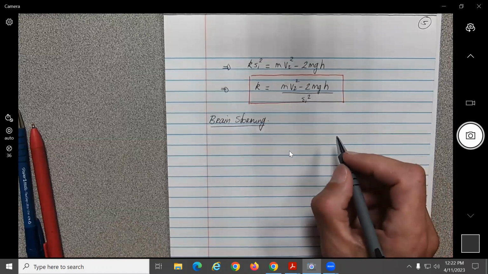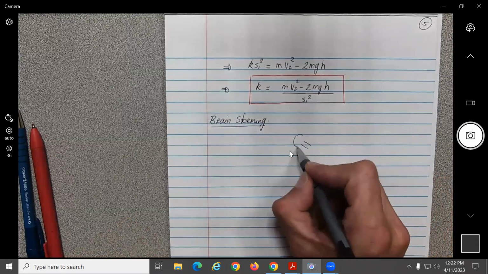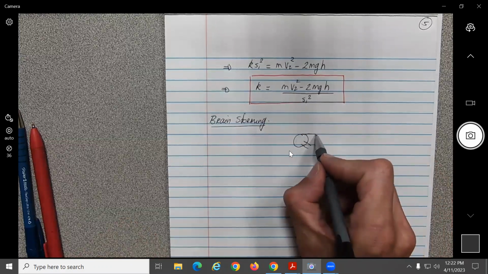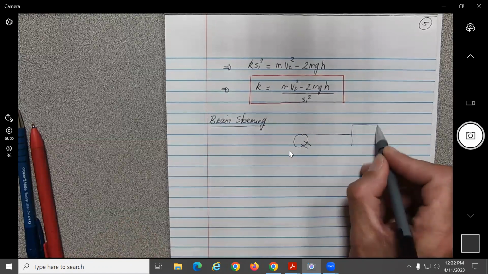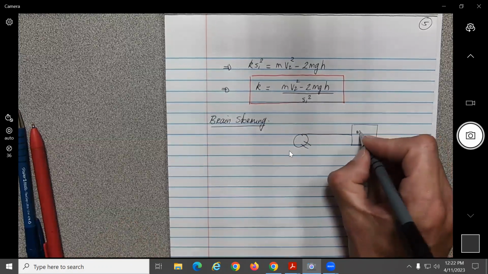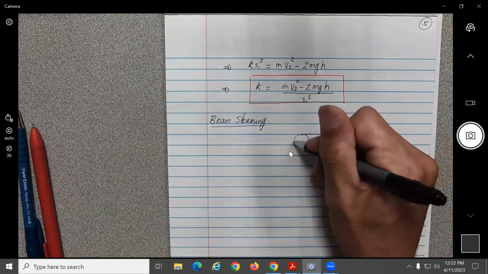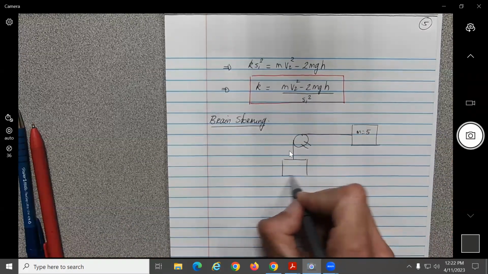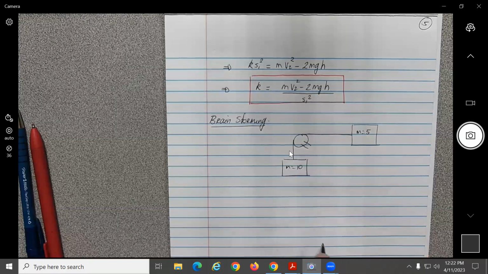But I think a good problem for this would be, for example, let's say you have a pulley. It would be good if I find a problem like this one. And you have here a block that weighs, let's say, 5. And let's say you have another block that weighs 10.